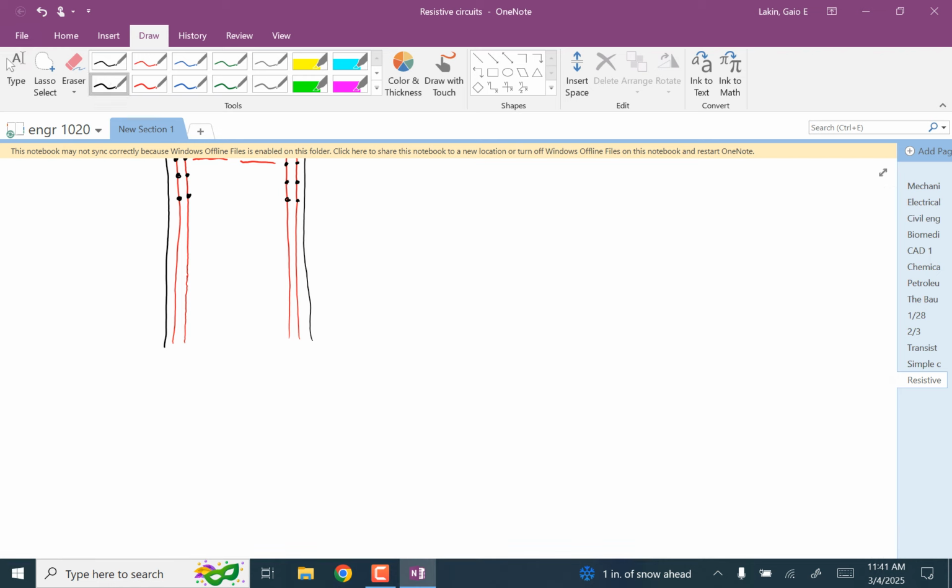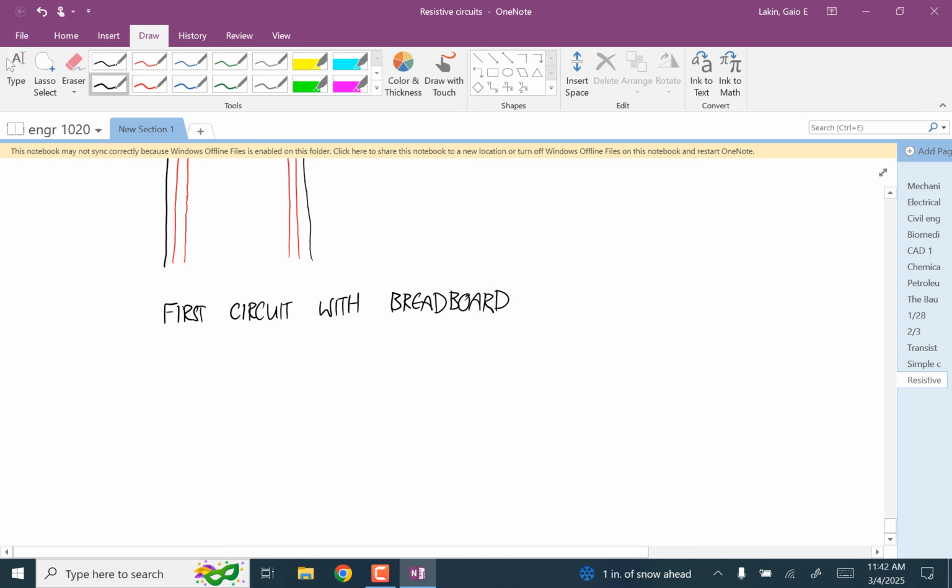So what we want to do is, the first circuit with the breadboard, we want to go from the 9-volt battery to a 1,000 ohm resistor to an LED, the symbol looks like this.